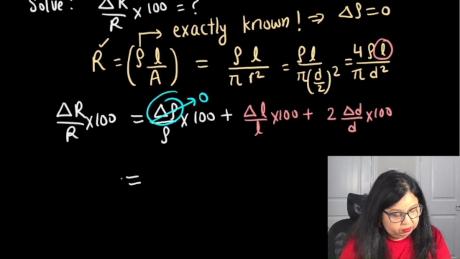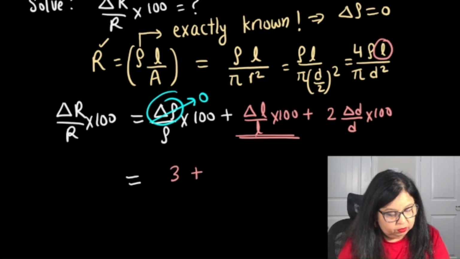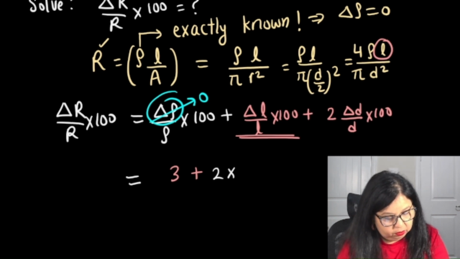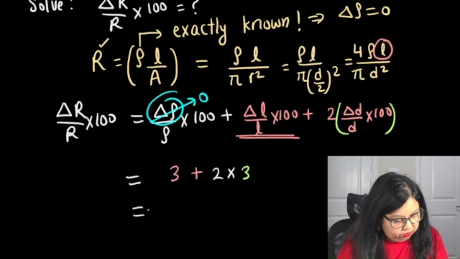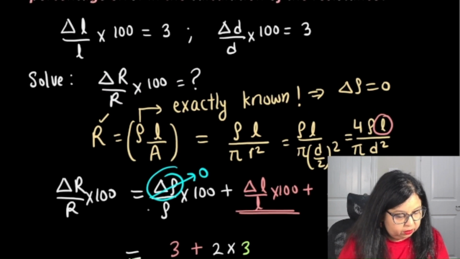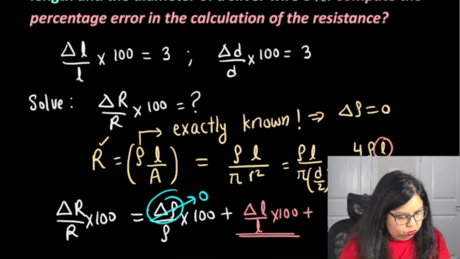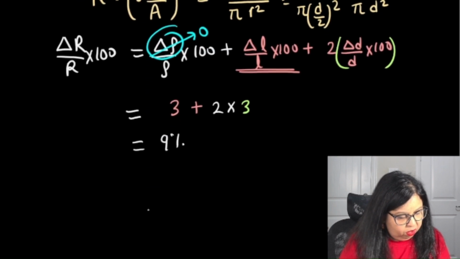So that gives us 3 plus 2 times 3. So the answer is 9%. So that's all we were asked to solve for.